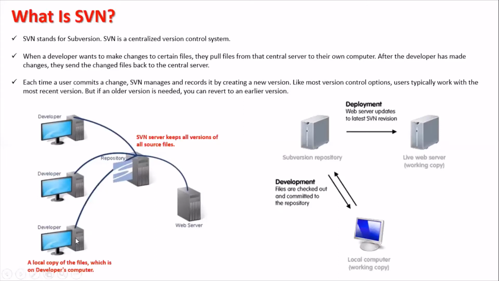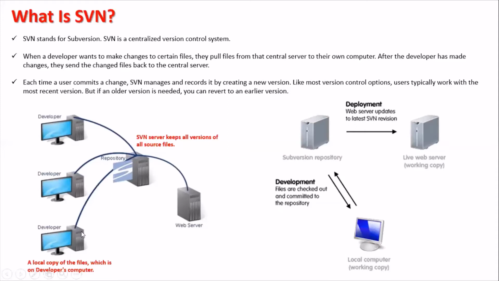But with changing needs, suppose I tell the developer that we need some changes in the software or the web application. Then the developer will pull the source files from the SVN server.